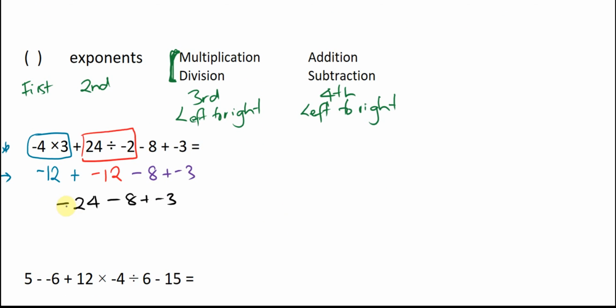Then negative 24 minus 8. So we're going to start at negative 24 on the number line, head off towards the left, towards more negative numbers. So we end up with negative 32 plus negative 3. So then my final answer will be negative 35.